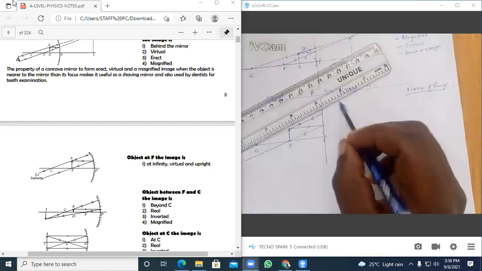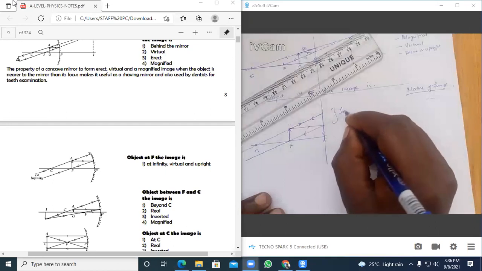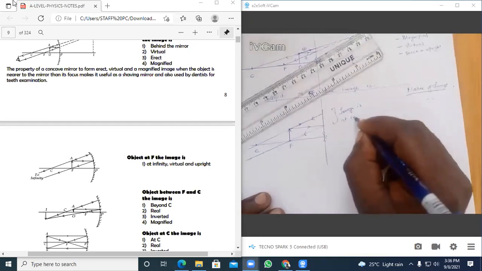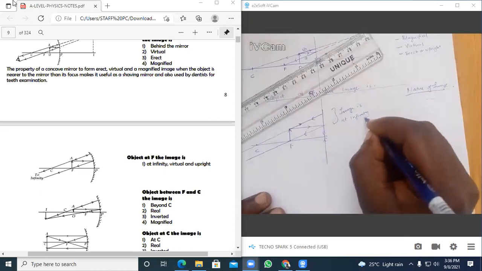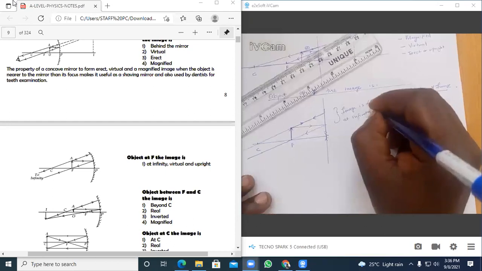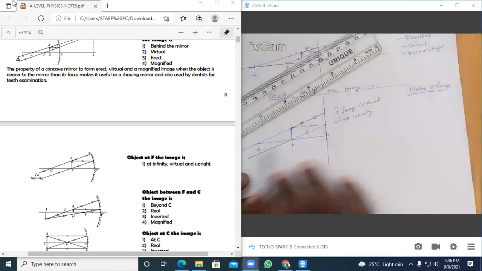So here we can see that the image is at infinity. So the image is formed at infinity. Are we together? Even if we extend this one, they will not meet.